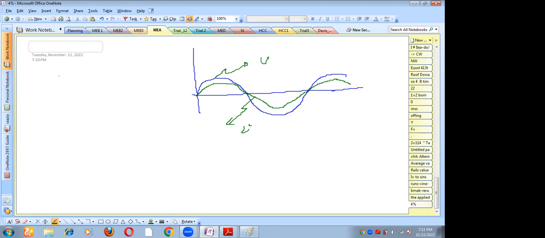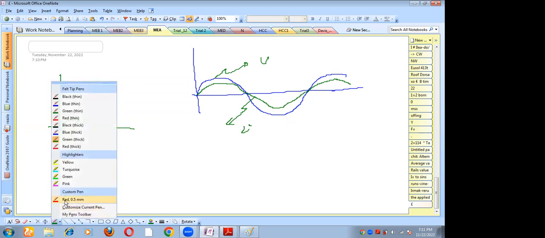They are in the same phase. If you draw the phasor diagram, the current will also be in the same phase with the voltage.